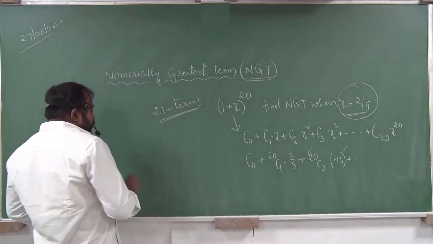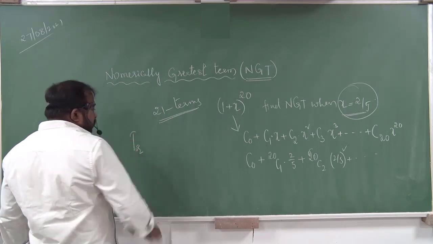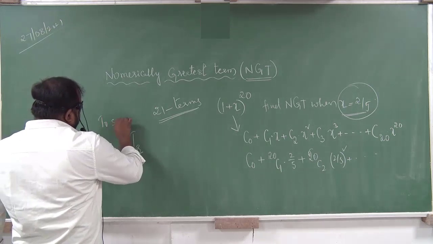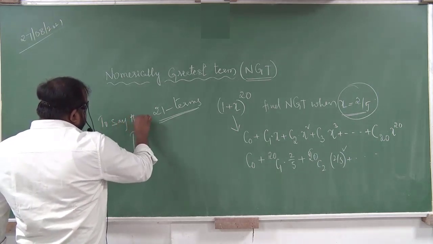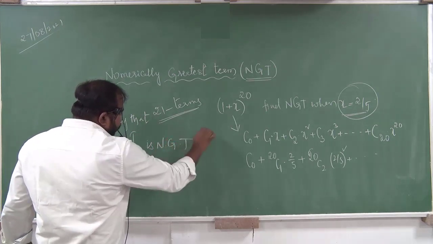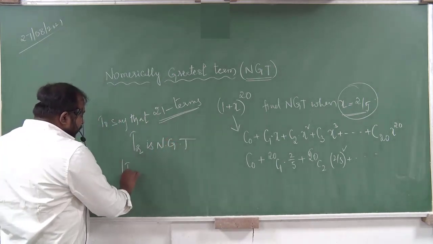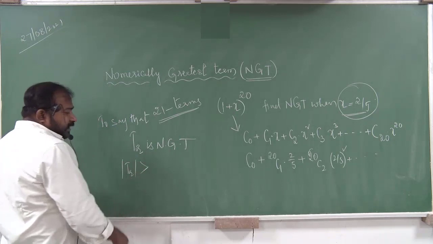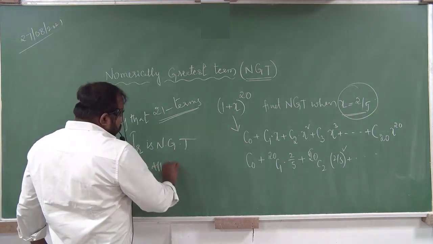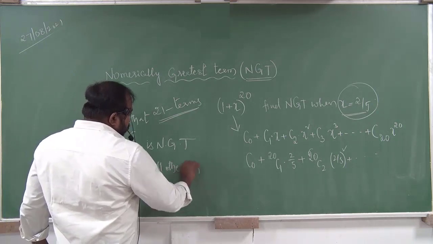Now, to say that the rth term is the numerically greatest term, listen here, to say that Tr is the NGT, the modulus of the Tr value is always greater than all other terms.